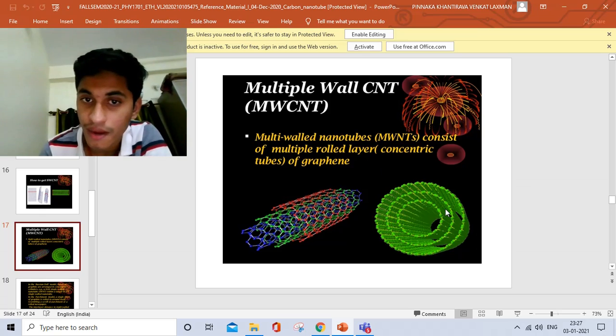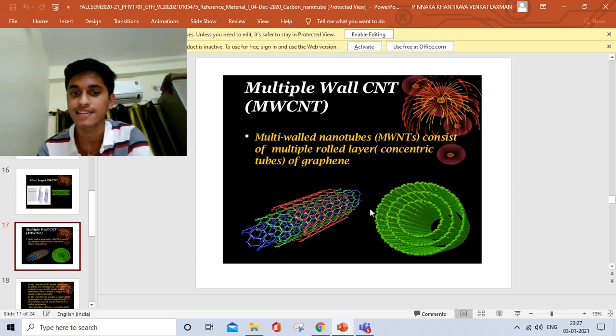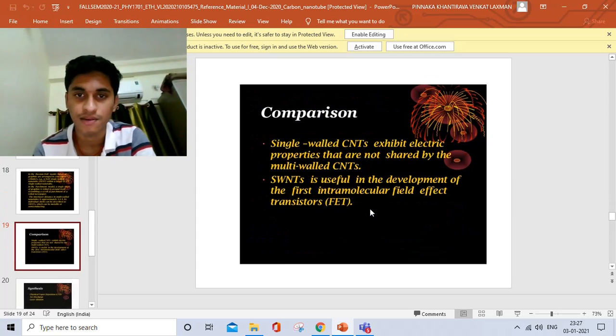While in the multi-wall, you can see multiple walls over here. This one is layer 1, meaning wall 1, this is wall 2, and this is wall 3. So we can say there are multiple walls. I think we get clarity about this.